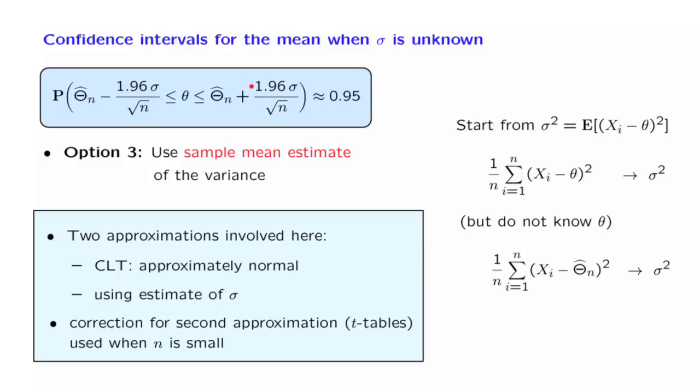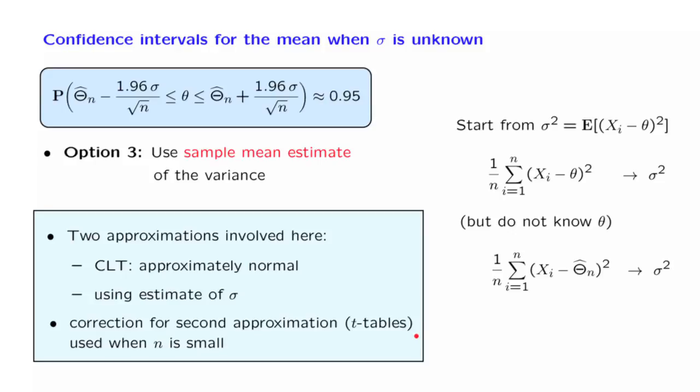This correction is relevant when n is a small number, let's say n smaller than 30. But for larger values of n, this correction, where we use t-tables instead of normal tables, is rather insignificant and one doesn't bother with it. In any case, we will not discuss any further this additional correction, but it is useful to know that it is something that statisticians will often do.